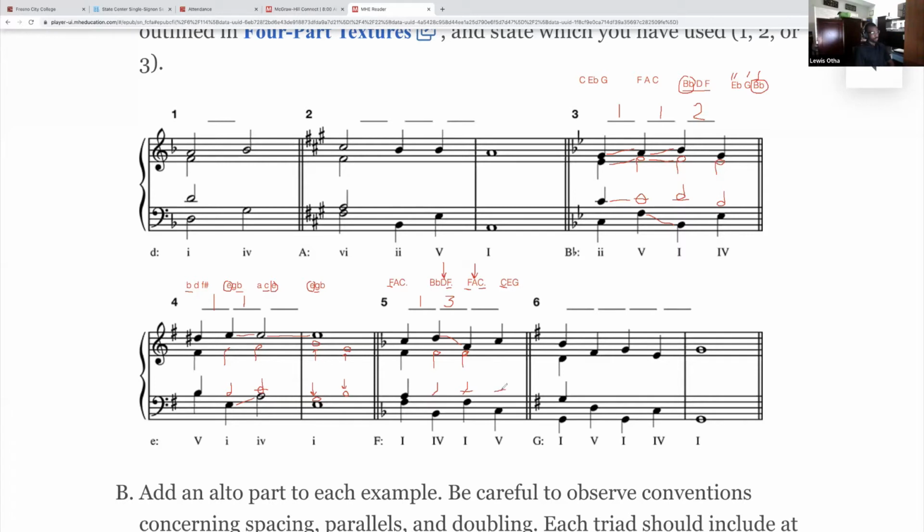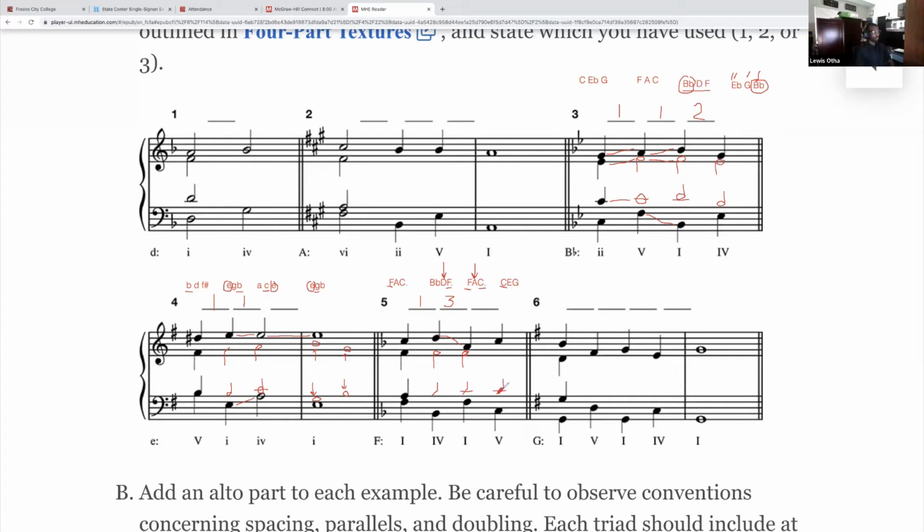Could we do it in the tenor? I don't know about tripling the root. We can triple the root. There are no rules against it. The norm says that if we leave out one voice, which voice does it have to be? The third? The fifth? Oh wait, yeah, the third. It can't be the third.